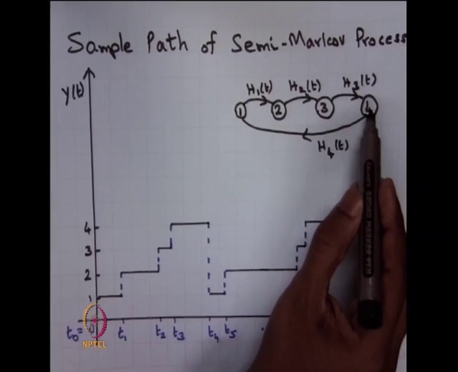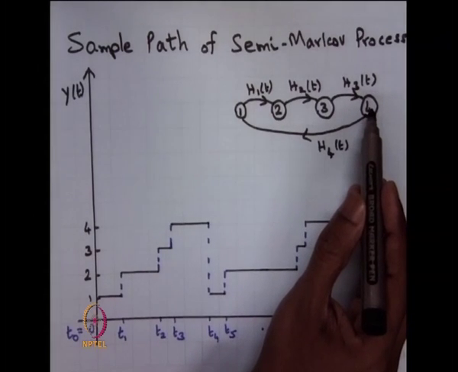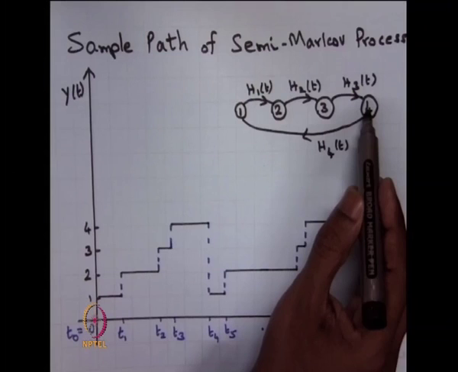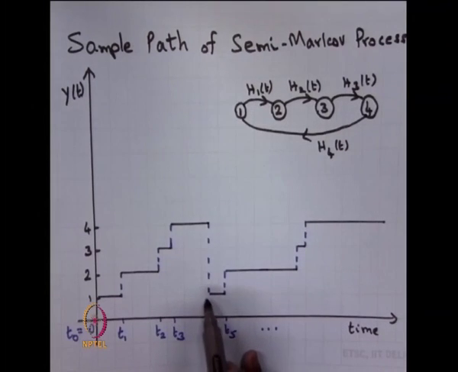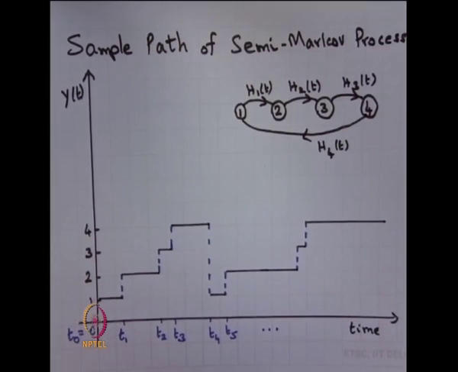Now the system is in the state 4, and the system was in the state 4 till the time point T4, then it moved to the state 1 and so on. And T1, T2, T3, T4 are the time instants. In those time instants, the system is moved from one state to the other states.